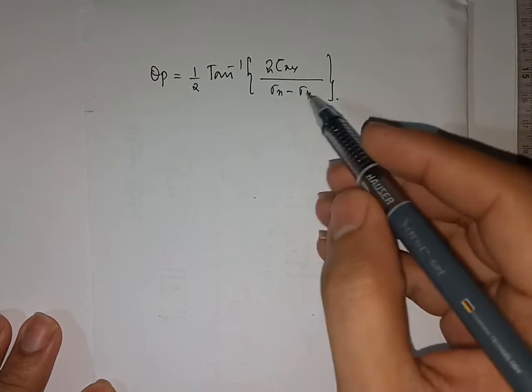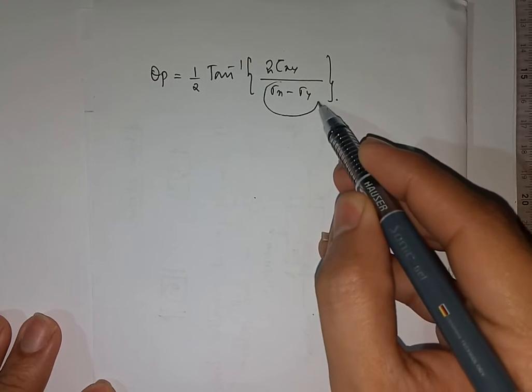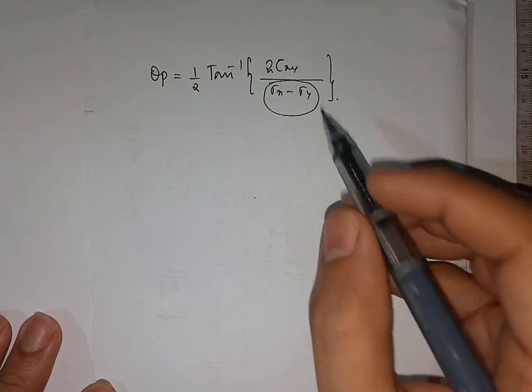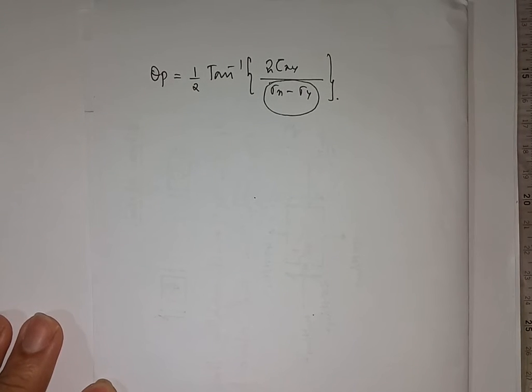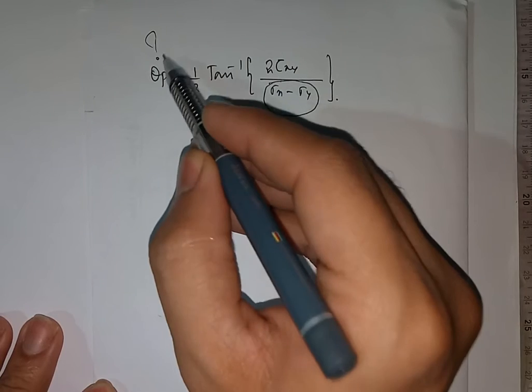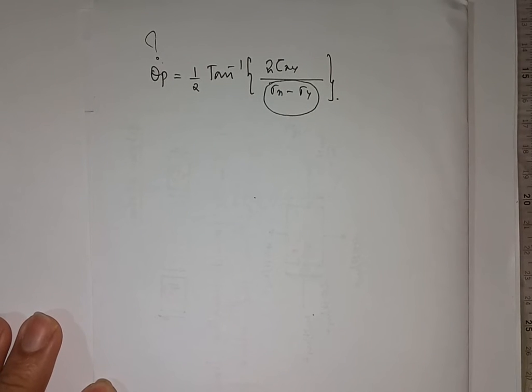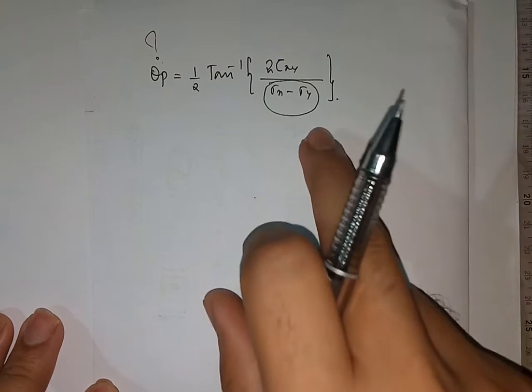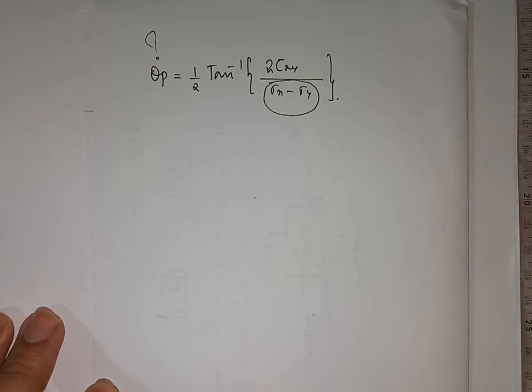But the problem here is this term cannot be used because sigma x and sigma y, both the values are not known. If he has not given, then it means that it is 0. And if the denominator is becoming 0, then how will I find out the value of theta p? That is the biggest question we encounter here.